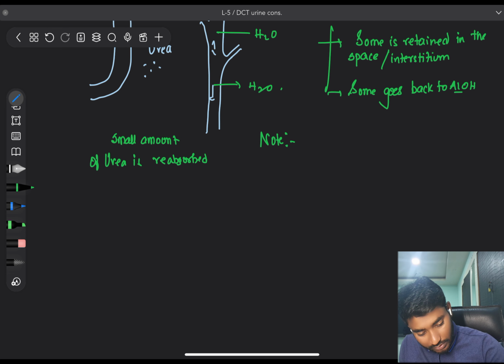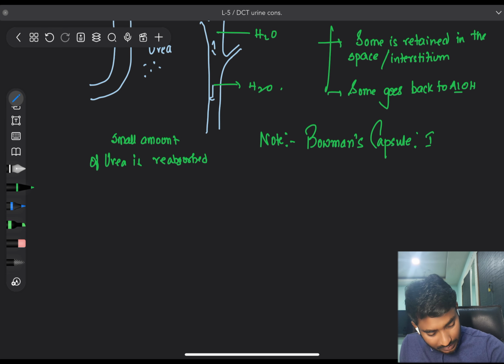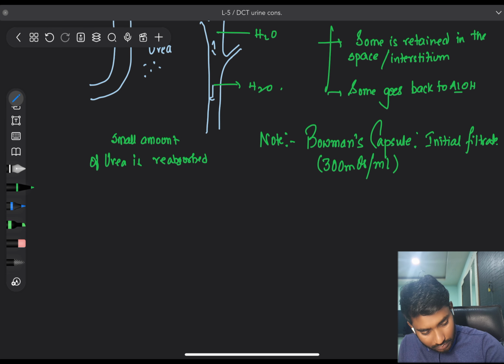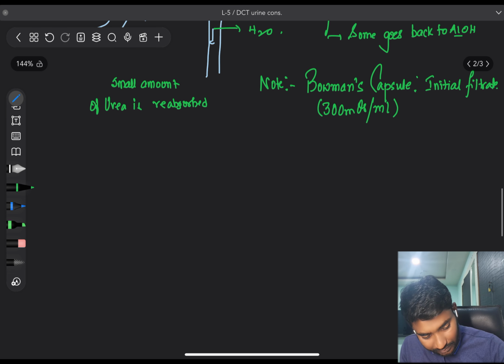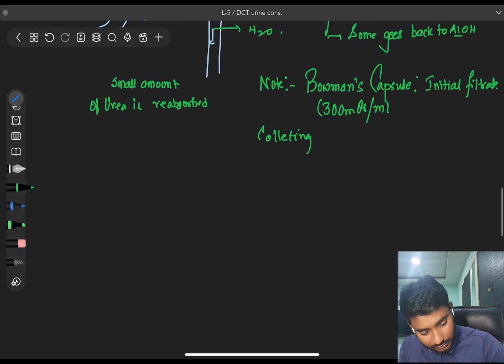Now, take it as a note. Bowman's capsule, initial filtrate, 300 milliosmol per ml. In Bowman's capsule, initial filtrate, let it be 300 milliosmol, and in collecting duct, urine osmolarity is 1200 milliosmol per milliliter.